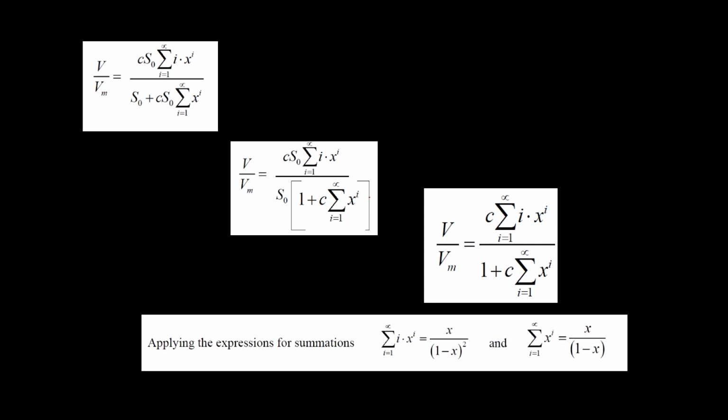Cancelling S0, we get V by Vm equal to C into sigma i equal to 1 to infinity i into x to the power i, the whole divided by 1 plus C into sigma i equal to 1 to infinity x to the power i. We know that the values of these summations are such that sigma i equal to 1 to infinity i into x to the power i equals x by (1 minus x) the whole square, and the value of sigma i equal to 1 to infinity x to the power i equals x by 1 minus x.